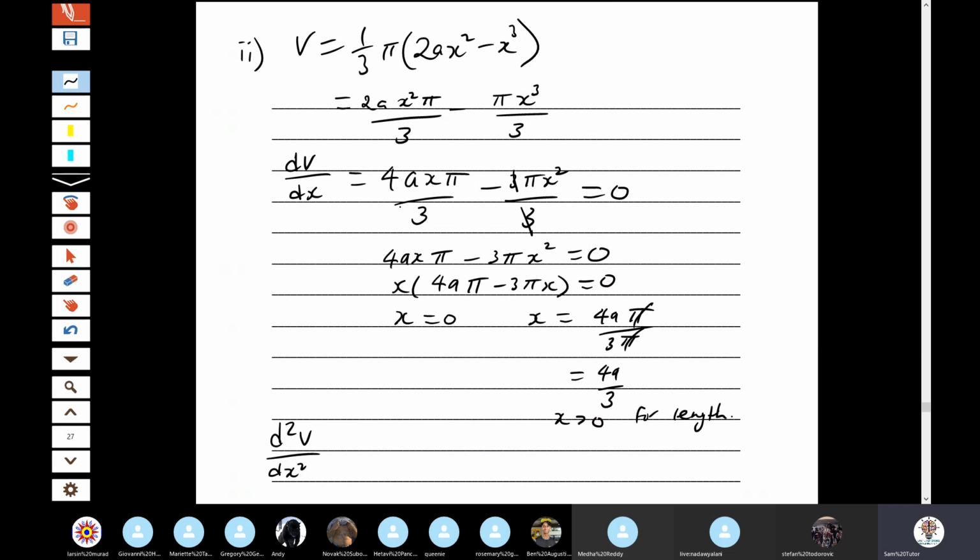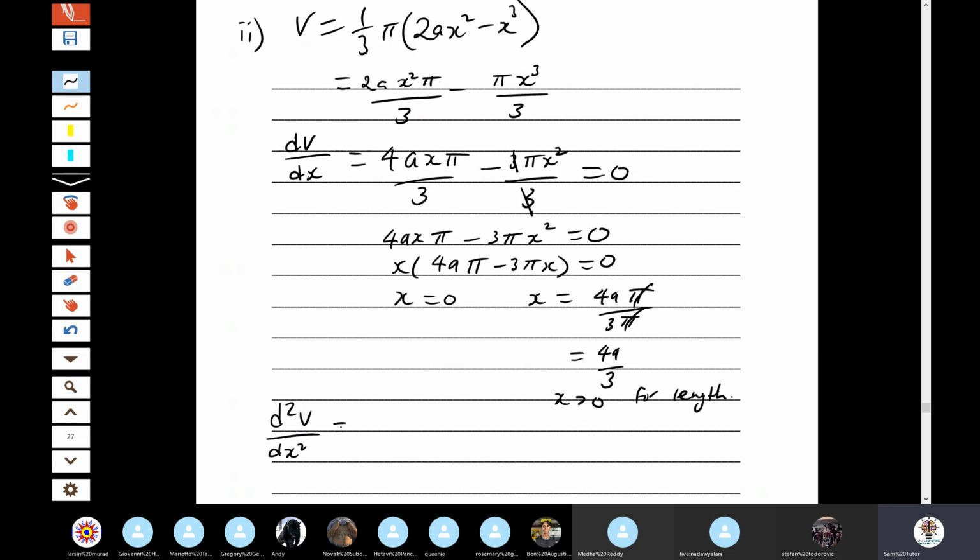So second derivative looks like this. 4a pi on 3, because you get rid of the x. And then you're just going to get negative 2 pi x. Oh, that's why they want to say if it's a maximum. Because obviously we're dealing with letters.